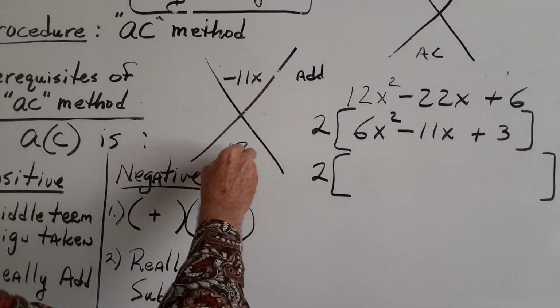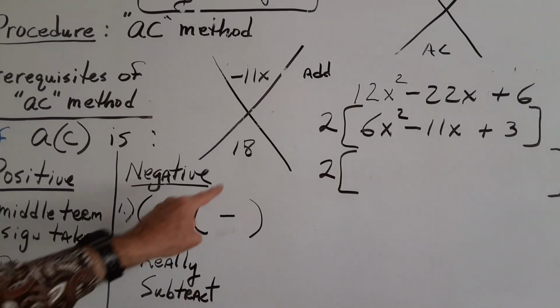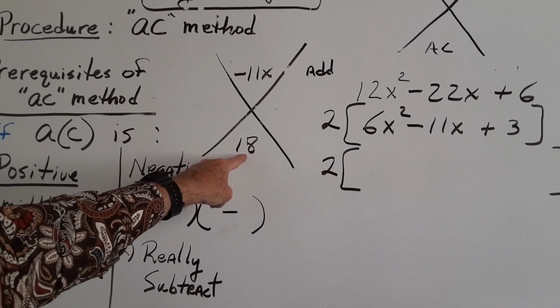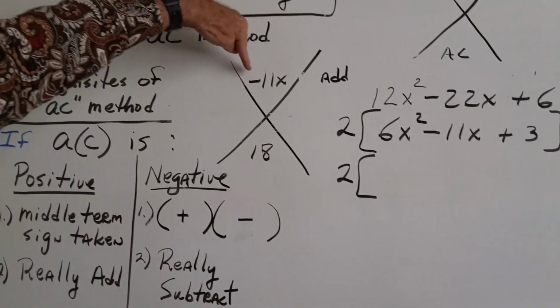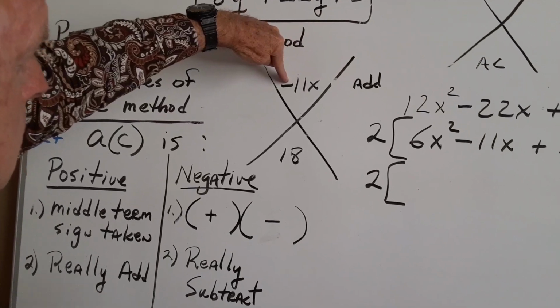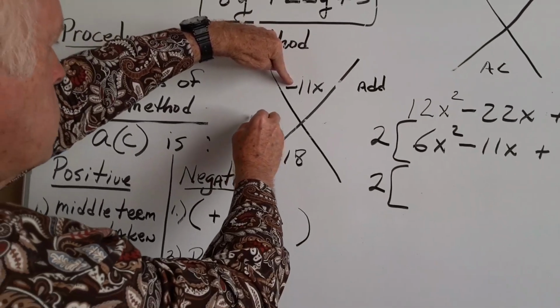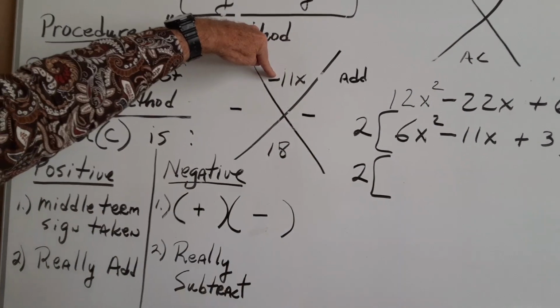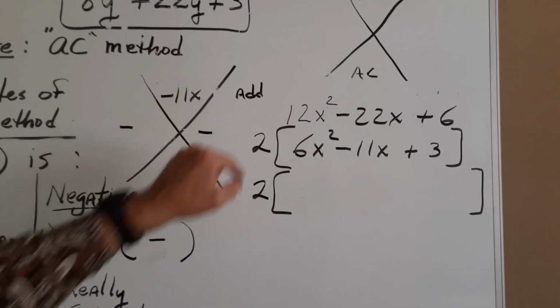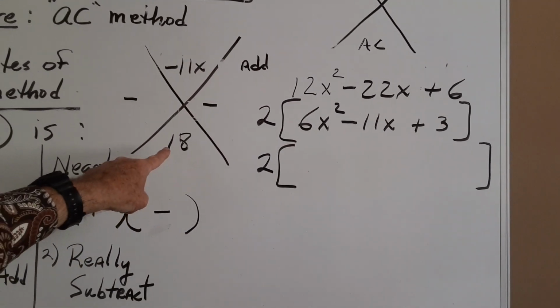AC: positive 6 times positive 3. For the 3rd problem in a row, AC is positive. If AC is positive, the sign of the middle term wins for both 9 and 3, and so does add. It doesn't take brilliance.